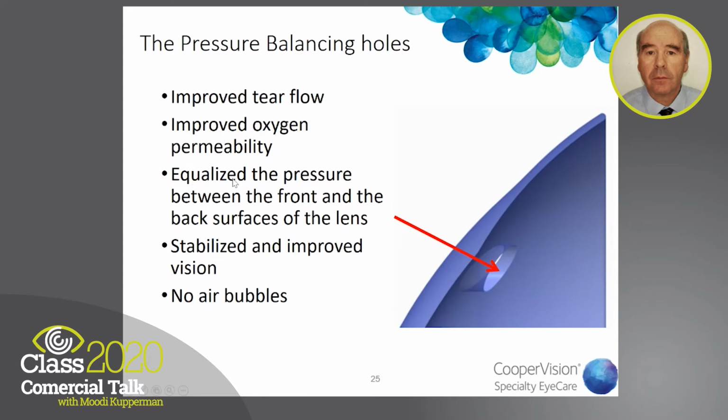Very important, they equalize the pressure between the front and the back surface of the lens, and stabilize and improve vision, with no air bubbles. They also improve the stabilization of the lens, and in 95% of the cases, if it is fit okay, the lens is very centered. This is only because of these fenestration holes.